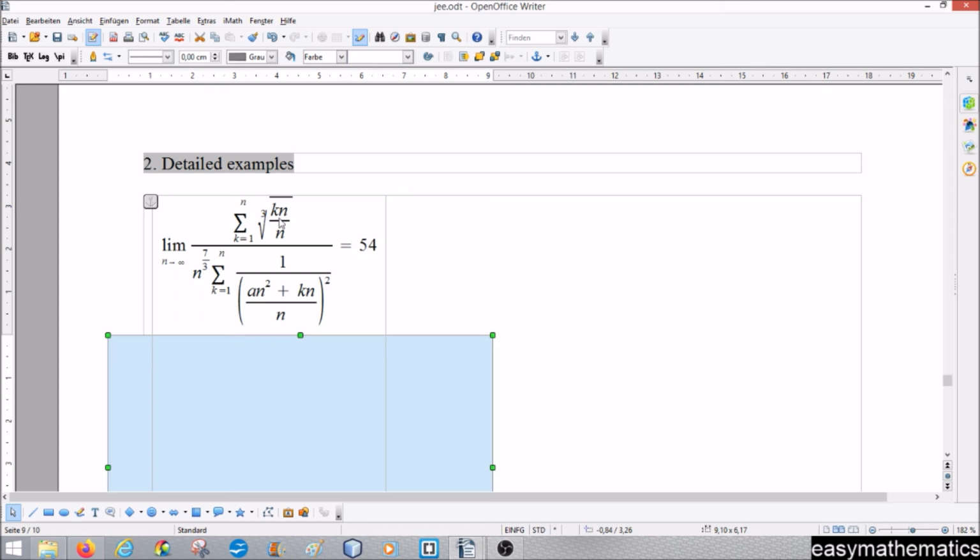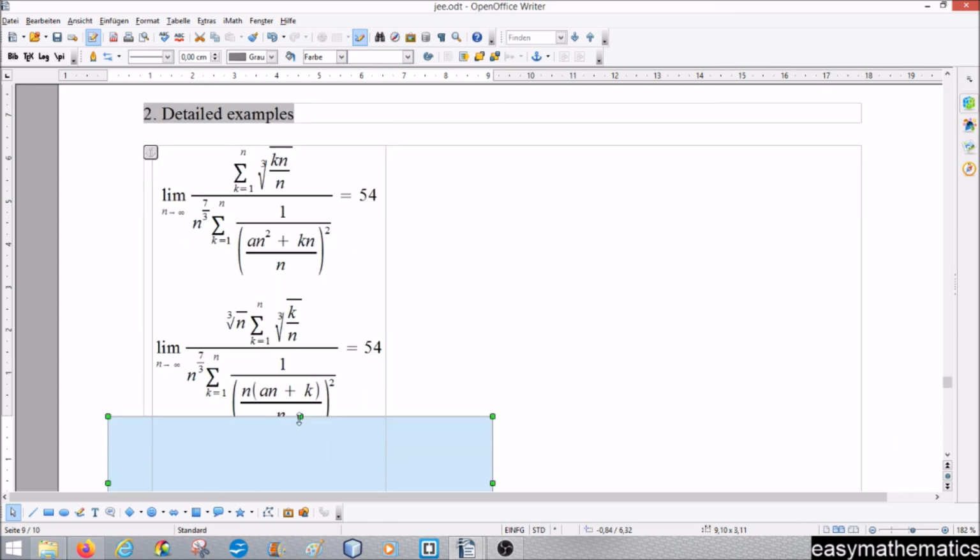Because roots are multiplicative, we can put a cube root of n outside the summation. n is not depending on k, and cube root is multiplicative, so we can get the cube root of n outside.